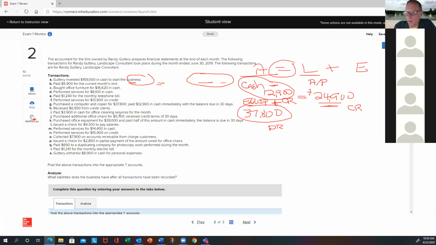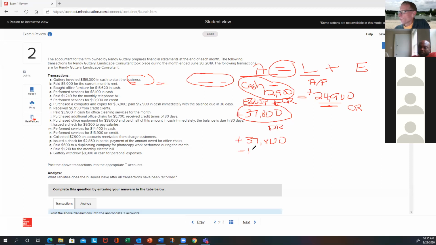Question. Yeah, why is the remaining balance positive? Okay. So if I just look at just the assets, equipment went up. You had a positive 37.8 on equipment.